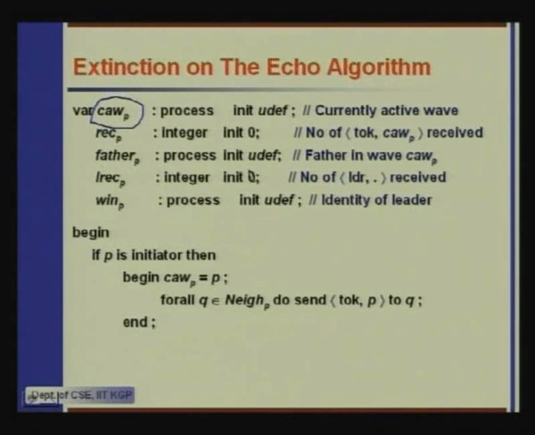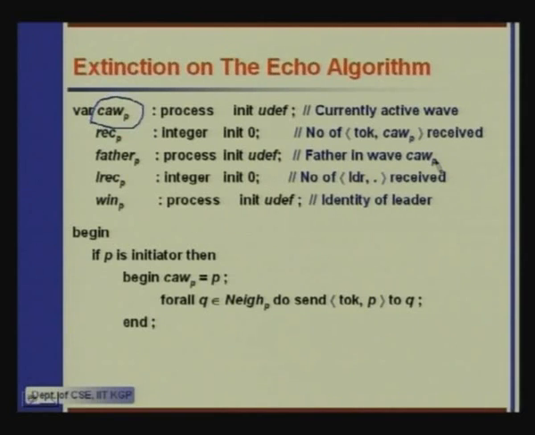FATHER P is the father of the process P in the wave CAW P, in the currently active wave. So, at every point of time a process is in a currently active wave, right. If any wave which is worse than the currently active wave comes to the process P, it will not respond to it. So, it will damp it, right.